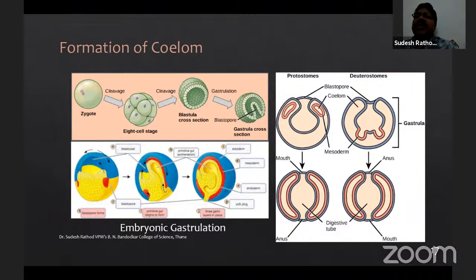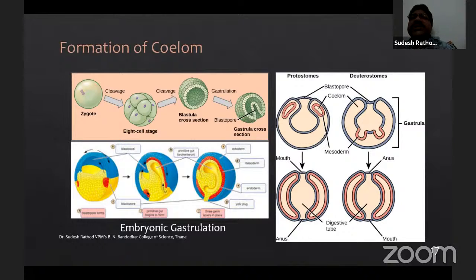In the right side diagram, you will find that the left hand side series, upper and lower, is titled protostomes, and the right hand side series, upper and lower diagrams, is titled deuterostomes. Just observe the protostome.